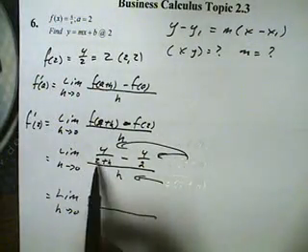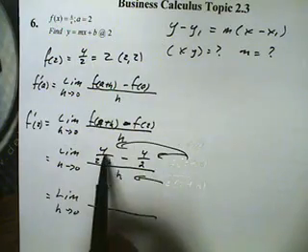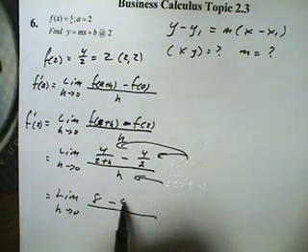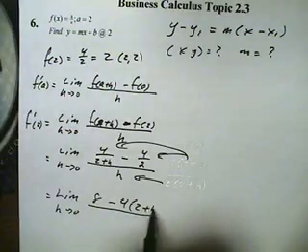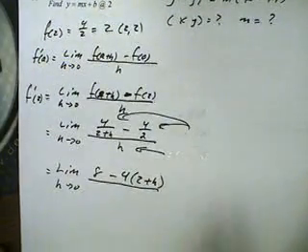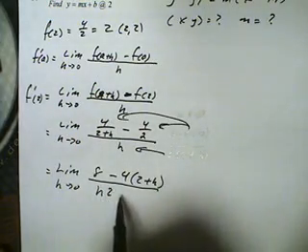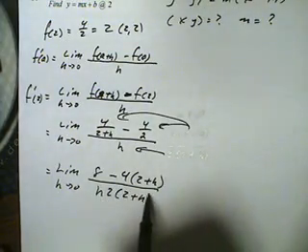The 2 plus h's will cancel, leaving the 2 and the 4, which make 8. And the 2's here will cancel, leaving the 4 and the 2 plus h. And then this all multiplied together will simply be h times 2 plus h.